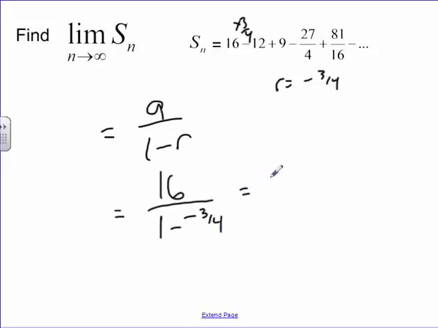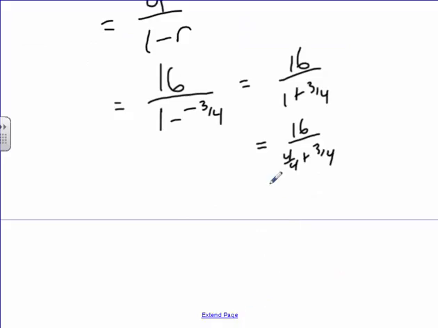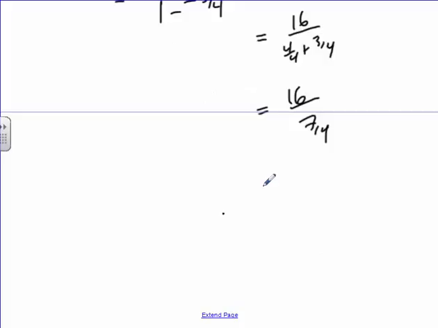So here's what I'm looking for then. You've got 16 over 1 plus 3 over 4, right, with the double negatives, which really gives you 16 over 4 plus 3 over 4, which gives you 16 over 7 over 4. And then hopefully last step here, I'm skipping through a lot of basic arithmetic that hopefully you're familiar with.